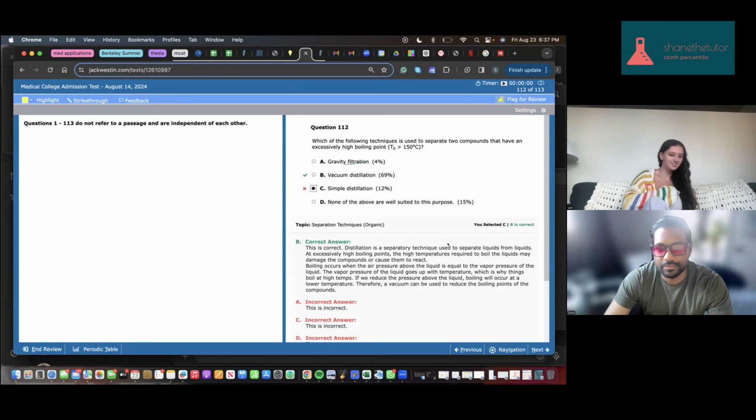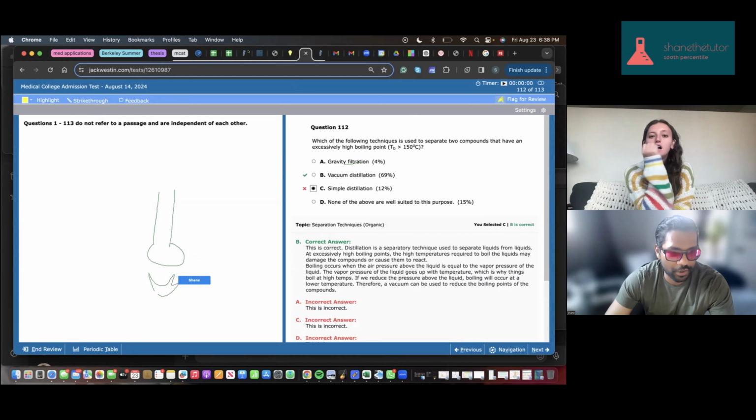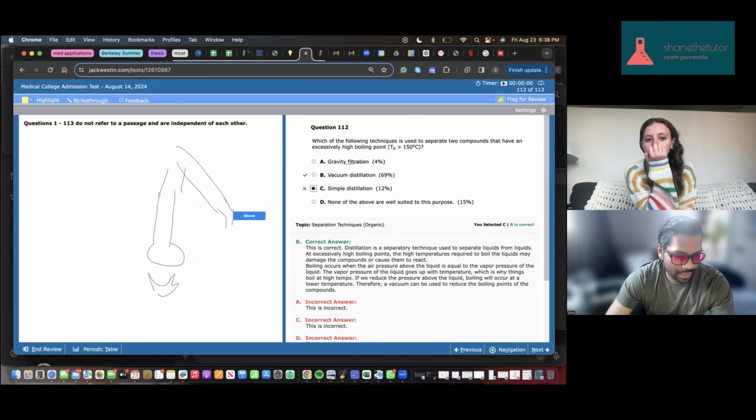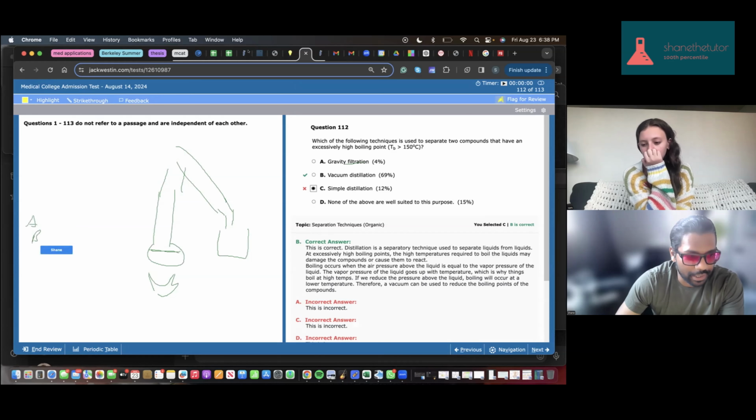Okay. All right. So, if you have some thing here and you have some fire underneath, and then we have a mixture here of two different things, right? Whichever thing, so let's say A, B, right? A has a boiling point of 8, B has a boiling point of 4.